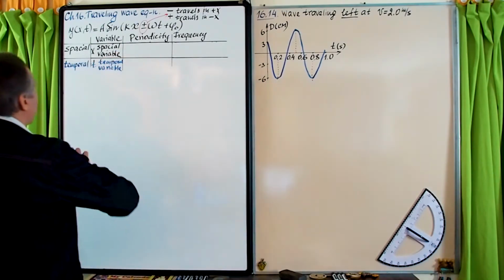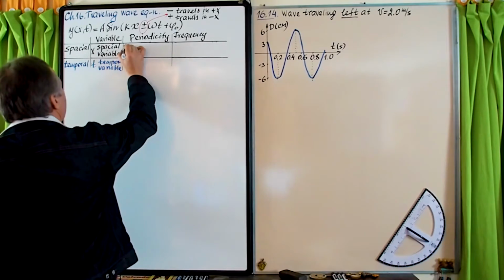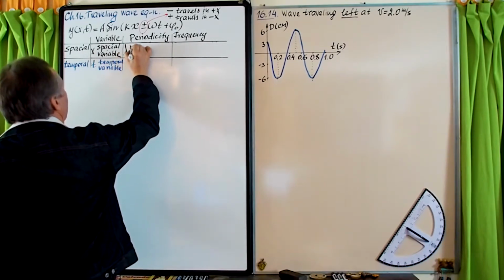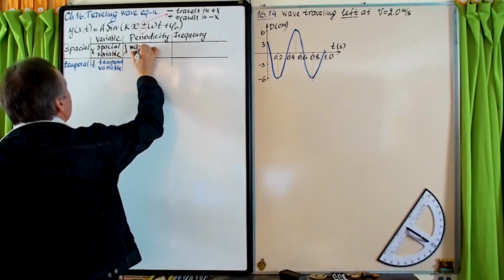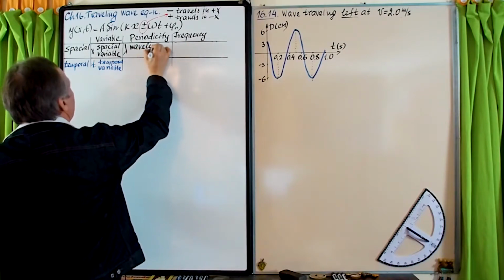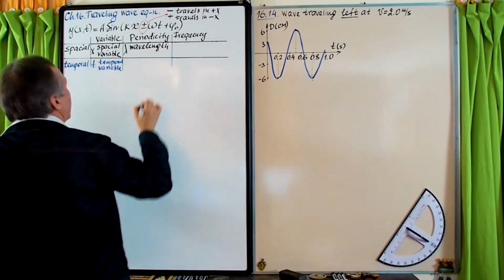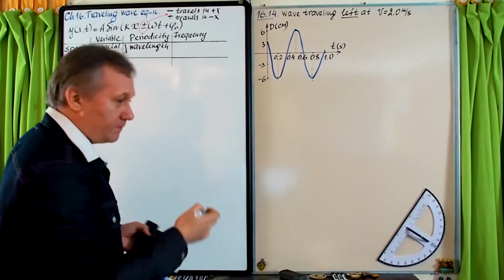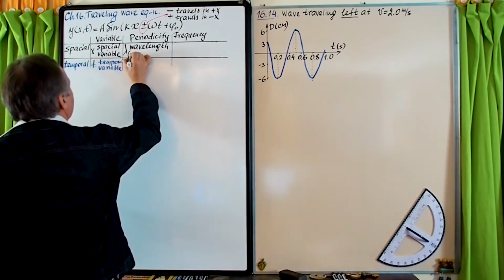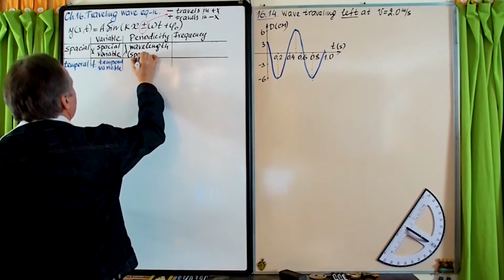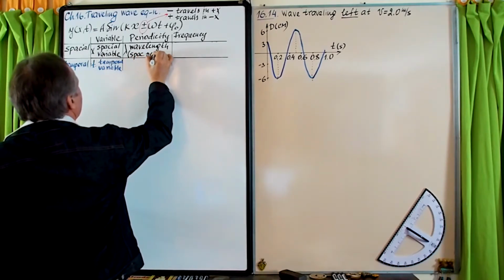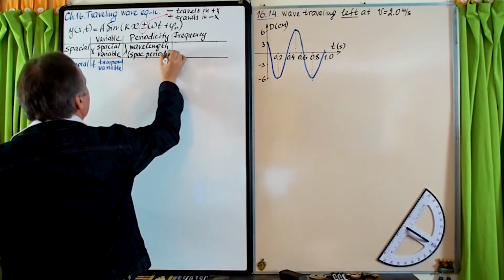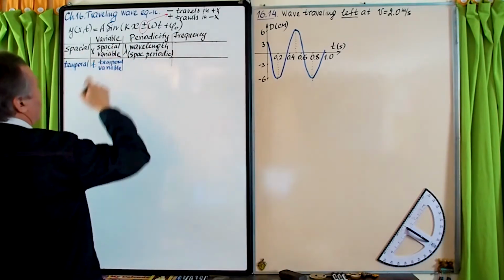Okay, so now let me write down. Lambda, the name is wavelength, and the meaning is spatial periodicity.